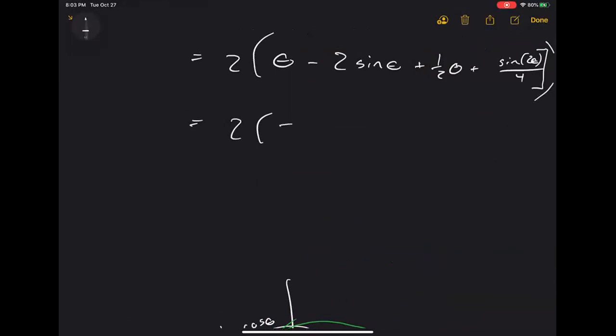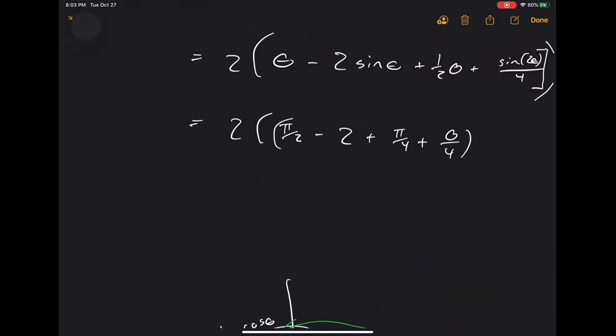So we get pi over 2 minus 2 plus pi over 4 plus sine of 2 times pi over 2, so 0 over 4. Then I subtract the bounds when I plug in 0, and those should all be 0.